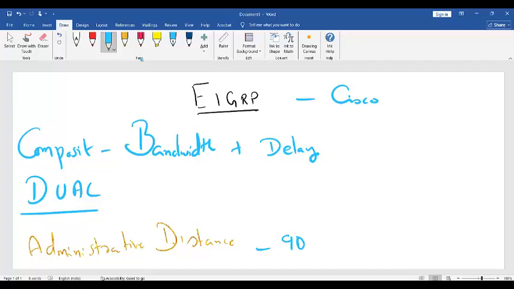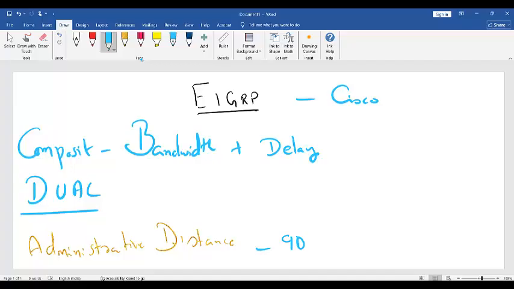Another thing is, the term administrative distance is Cisco's way of calling this. The actual meaning is preference. Most other vendors call it preference value. And the number 90 is only by Cisco. The other vendors don't have EIGRP, so you don't need to worry about the preference value of EIGRP with other vendors.